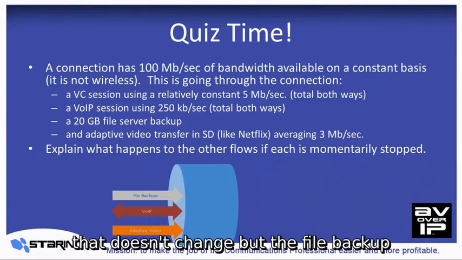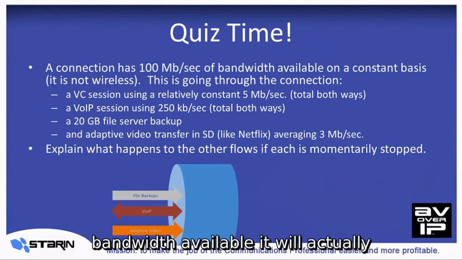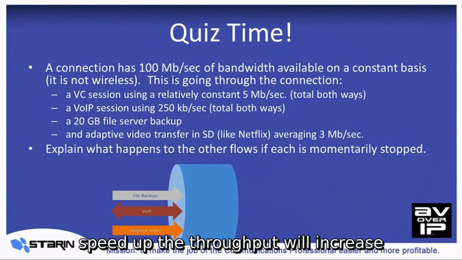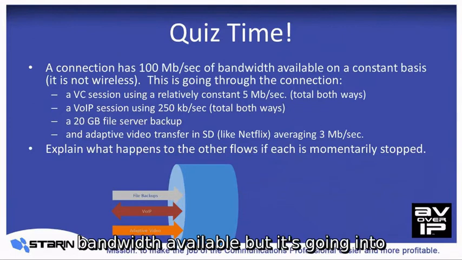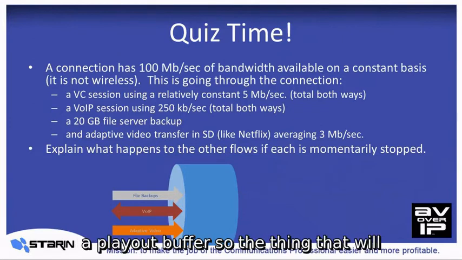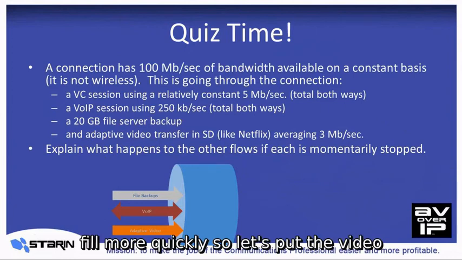That doesn't change. But the file backup is TCP based. And because there's more bandwidth available, it will actually speed up. The throughput will increase. The adaptive video will also have more bandwidth available, but it's going into a playout buffer. So the thing that will happen there is the playout buffer will fill more quickly.